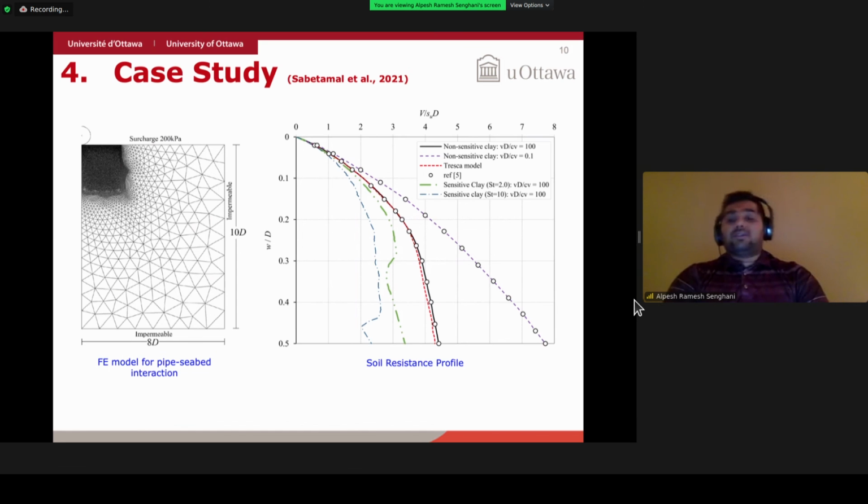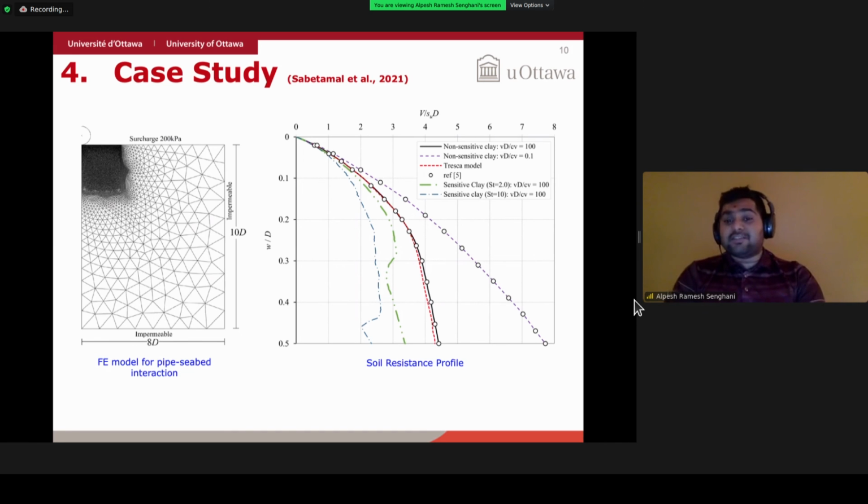Now, the second graph here shows the resistance on the horizontal axis with the depth of the pipe. As I told you, the pipe went down 0.5 D. If you look at the results of a non-sensitive clay compared with the sensitive clay, you can see that for the non-sensitive clay, as you go deep, the resistance increases.